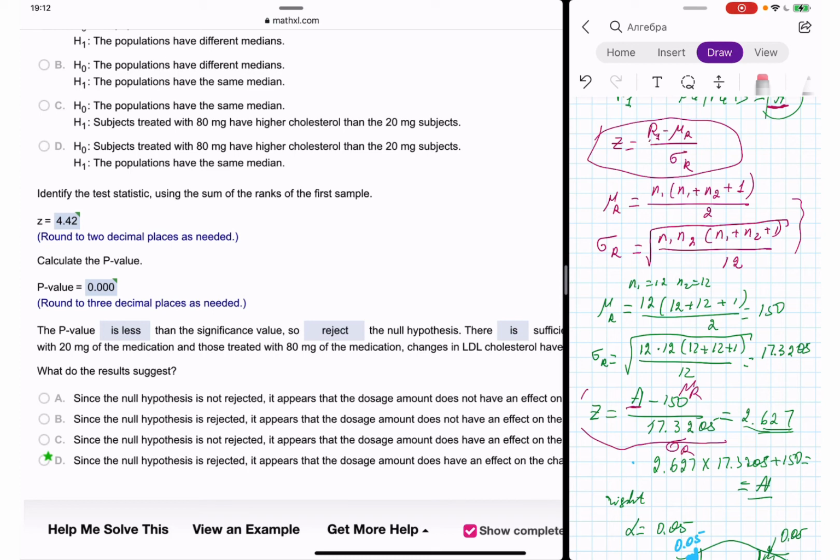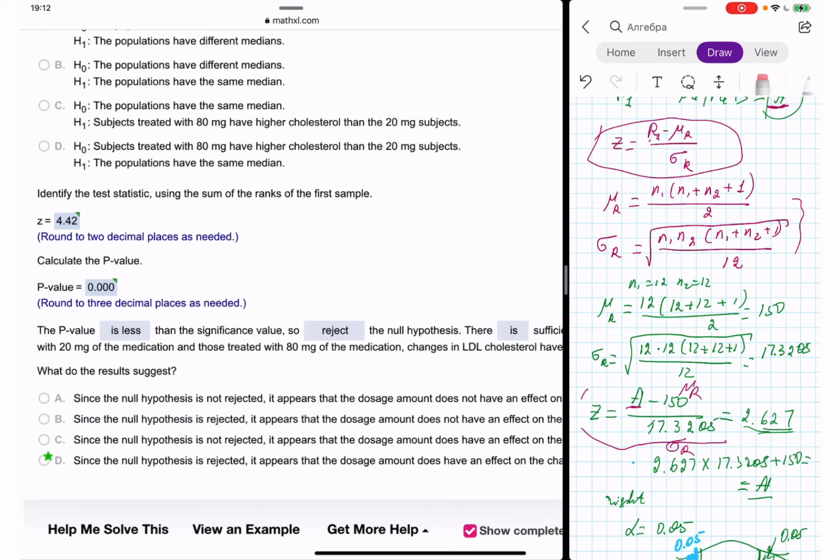So to find the p-value, we take our z-score table, right? And we get the p-value for that. Now, the p-value is going to be 0.00. For two tails, you multiply by 2, because the z-score table gives you only the left tail.